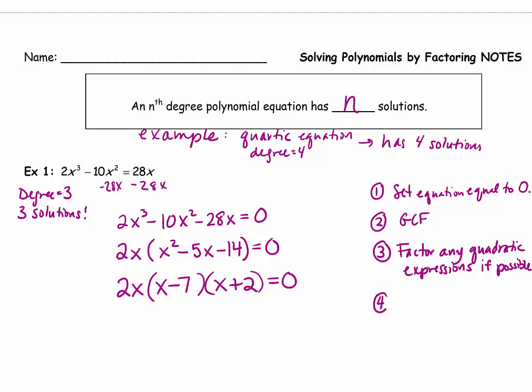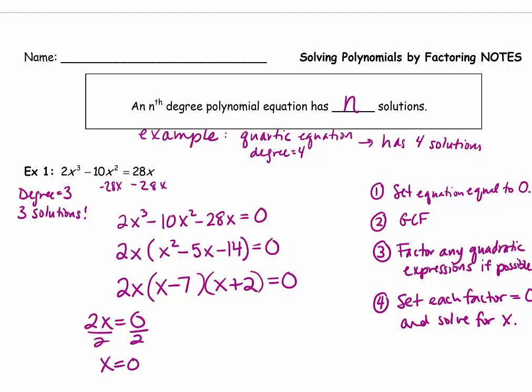Once everything has been factored, now we set each factor equal to 0 and solve for x. Let's start with the 2x. Let's set that equal to 0. When we divide both sides by 2, we get 0.